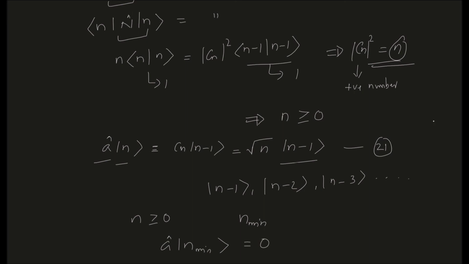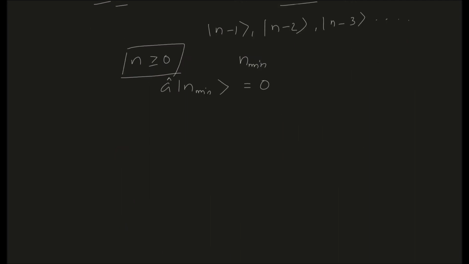It should not take you to an eigenstate lower than n minimum, because of this condition that n must be greater than or equal to 0. So these sequences have to terminate at 0. So this is an important result for us. Let's say this is equation number 22. So there is a minimum eigenstate below which you can never go by the action of this lowering operator.